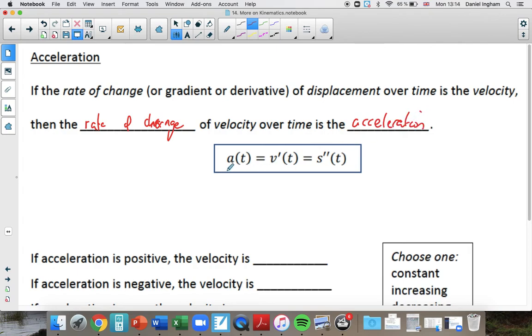Okay, and this is a really important summary. This basically means that the acceleration with respect to time is the derivative of the velocity with respect to time, which is the second derivative of the displacement with respect to time. And if you wanted to expand on that, the velocity with respect to time is the first derivative of the displacement with respect to time.